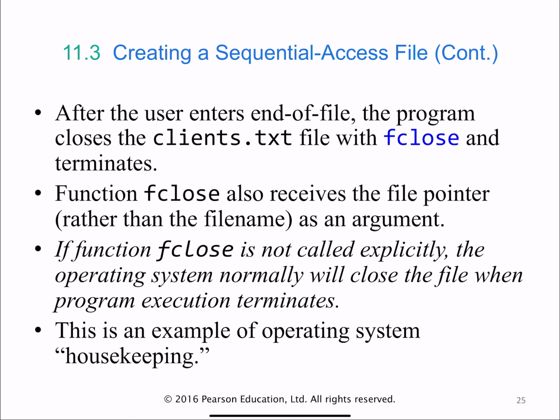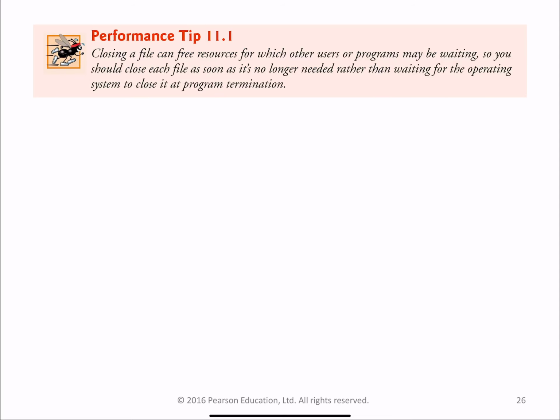And finally, when you're done doing everything, when you're done working on your file, or done writing to your file, I should say, you close it using a call to the fclose function and passing it as argument the file pointer.